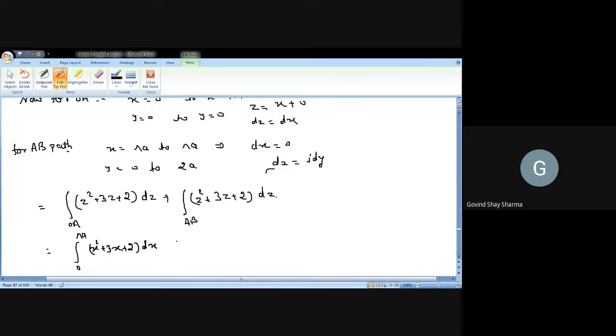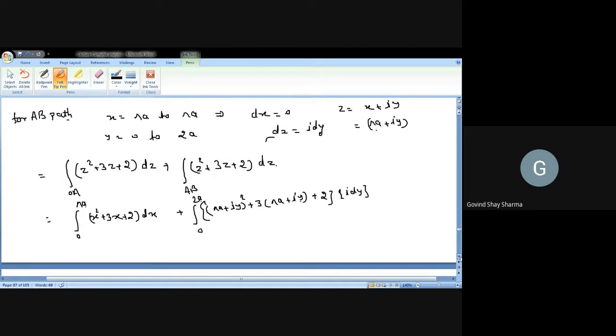Now for AB, y from 0 to 2a, we put z equal to x plus iota y with x equal to pi a, so we have (pi a plus iota y) square plus 3(pi a plus iota y) plus 2, and dz is written as iota dy.